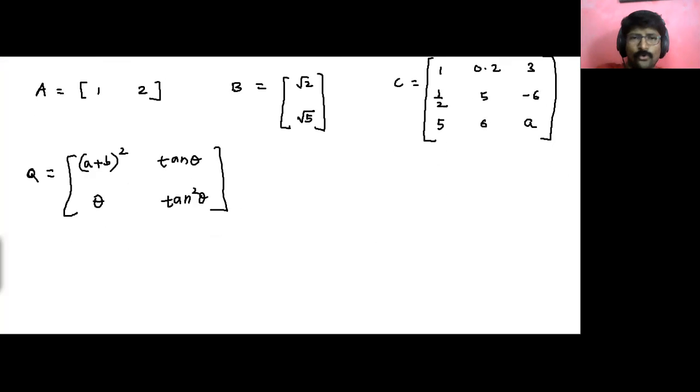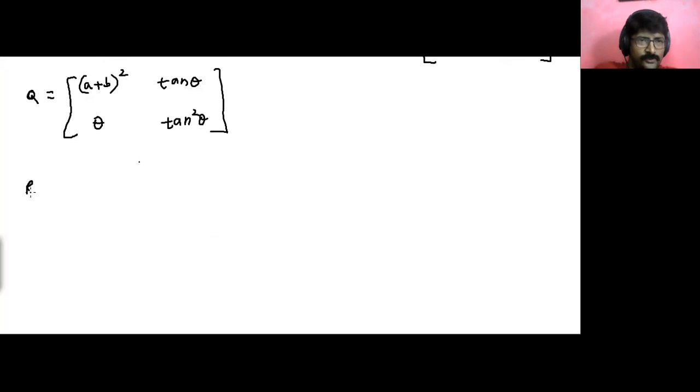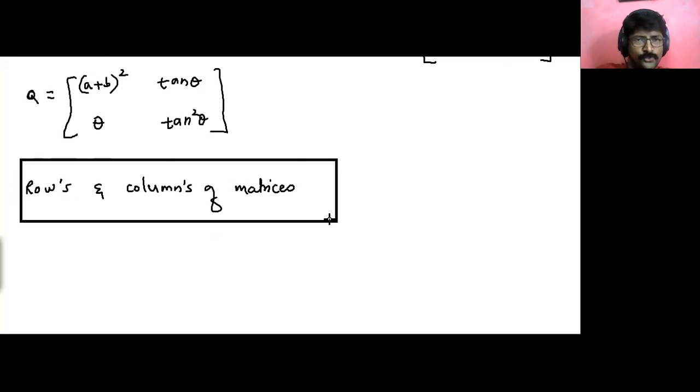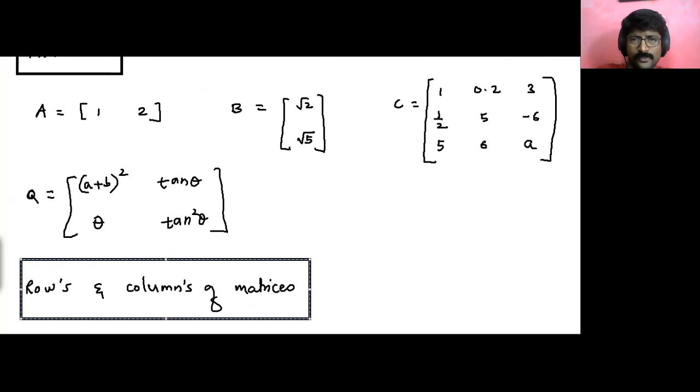Now, what are the rows and columns of matrices? This is a very important thing. What do you mean by rows and columns of the matrices? I'll just show you. Suppose this is the example, I'll copy paste this example over here.